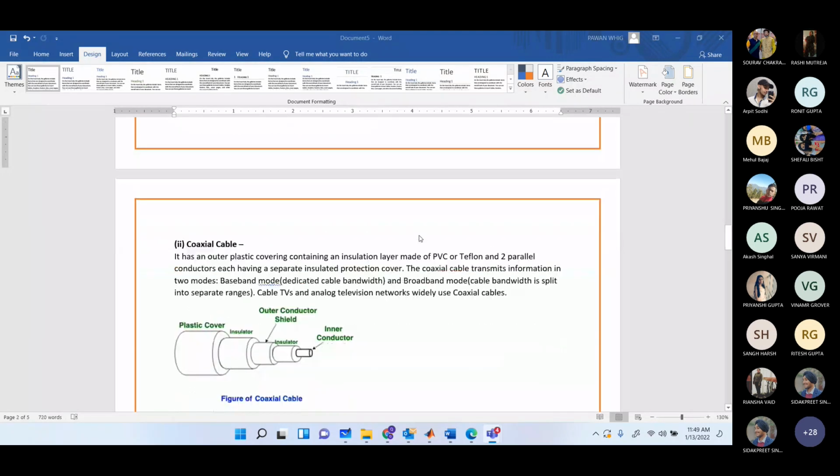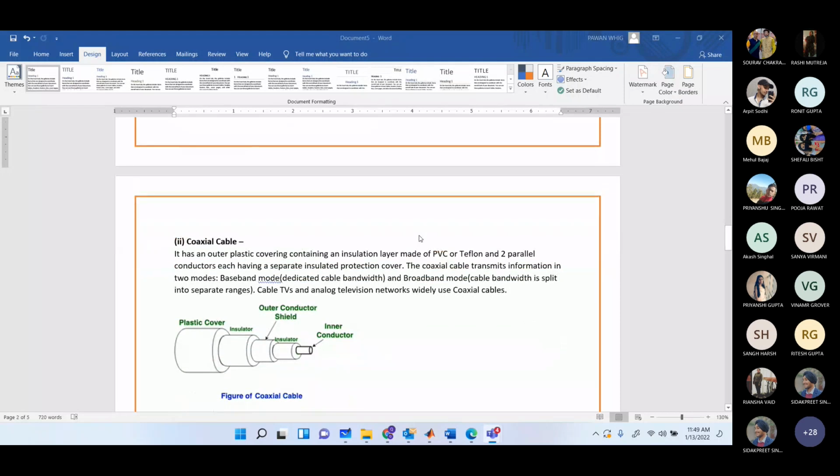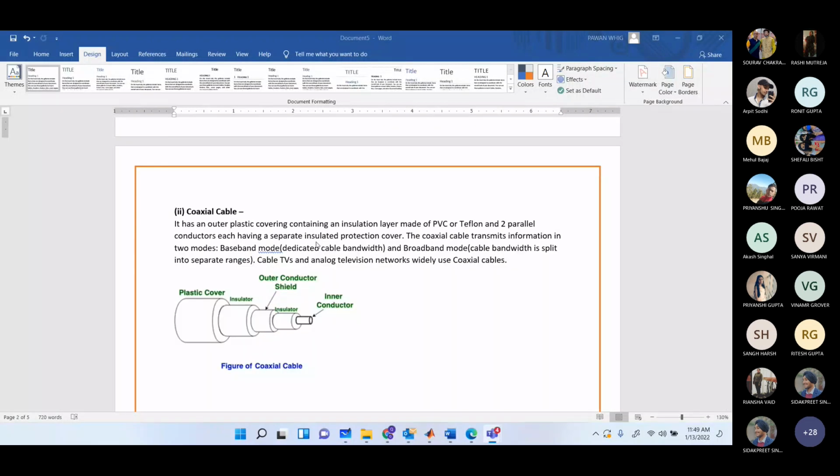Okay, and after that there is the coaxial cable. Coaxial cable is another sort of guided media. It is the cable TV, which was earlier provided, and in today's environment also it is provided by cable operators like Den.